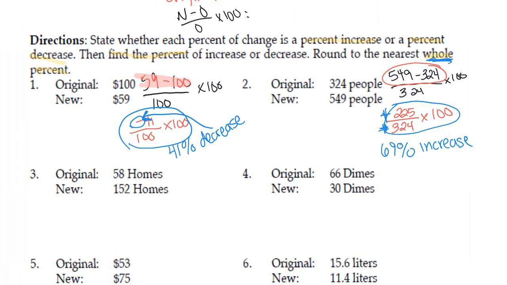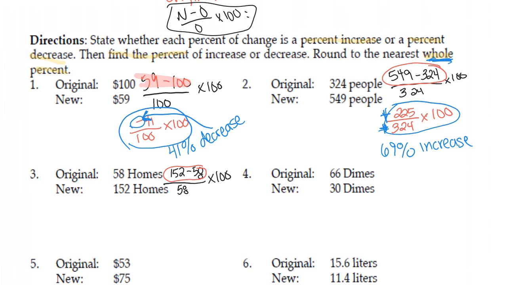Let's do one more together. New minus old over old times 100. New 152 minus original, which is 58, over original of 58, times 100. We start by doing what's 152 minus 58.